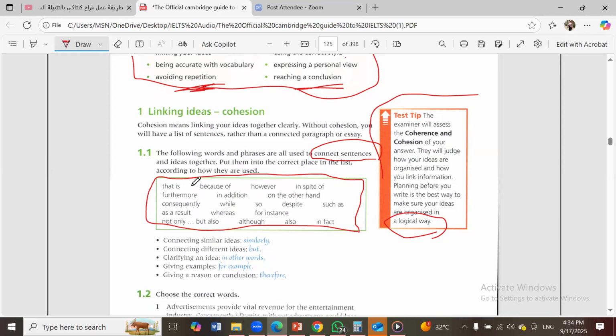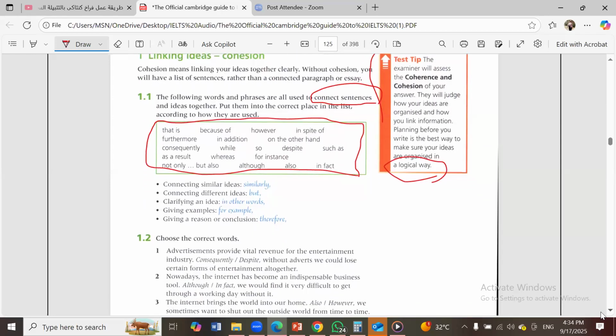That is, that's it, that is. Because of. However. But we said forget the word but completely. In spite of.